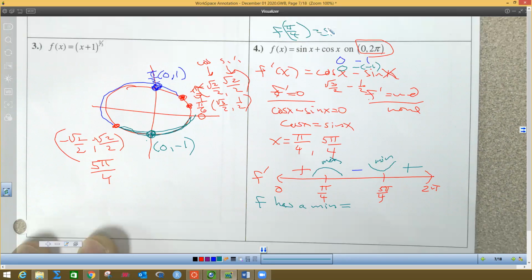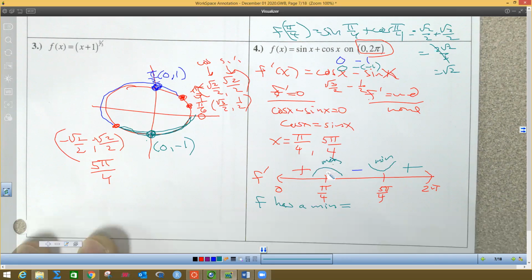So that's going to be sine of pi fourths plus cosine of pi fourths. Well, what that equals is, right there's my pi 4 stuff, right? So that's radical 2 over 2 plus radical 2 over 2, which is 2 radical 2's over 2, which is simply radical 2.